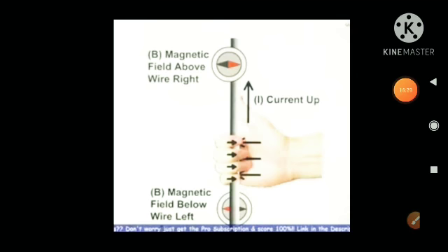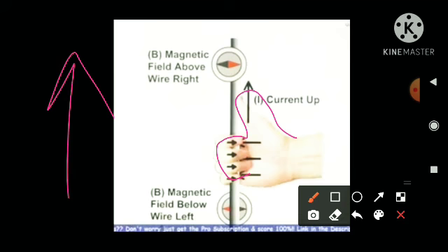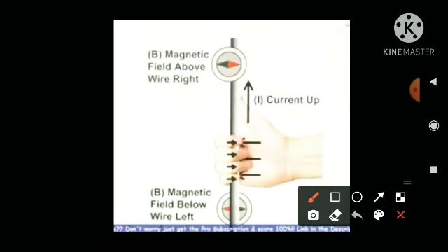So what is its rule? The thumb is like this. By this we can say that the current is moving this side. But if the current is downward, the current is moving this side.